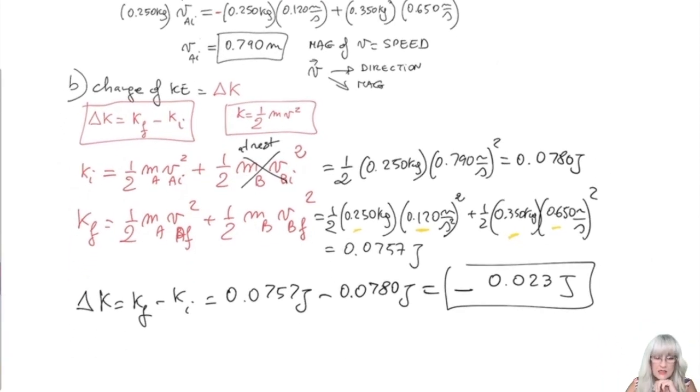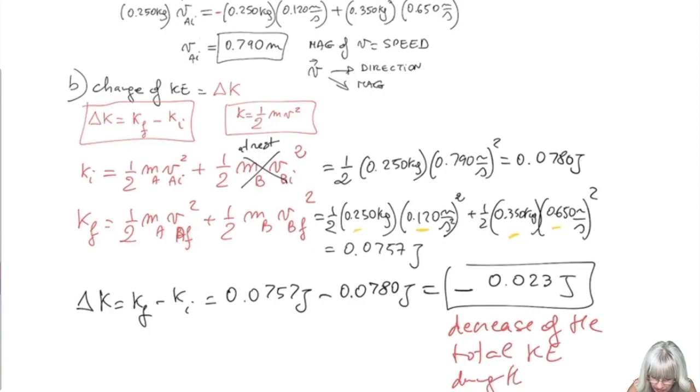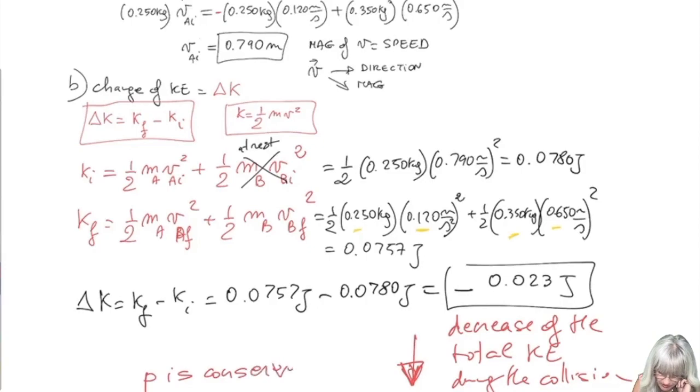Because there is a decrease, a decrease of the total kinetic energy during the collision. So it is indeed decreasing; the arrow down always means decreasing. So while the momentum is conserved, the energy is not. There is a loss.